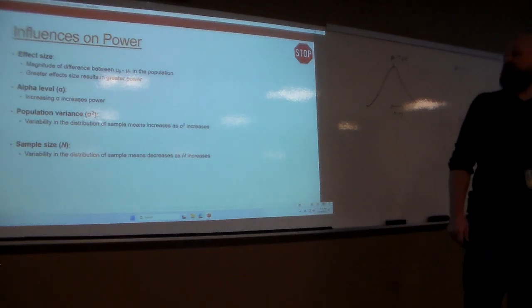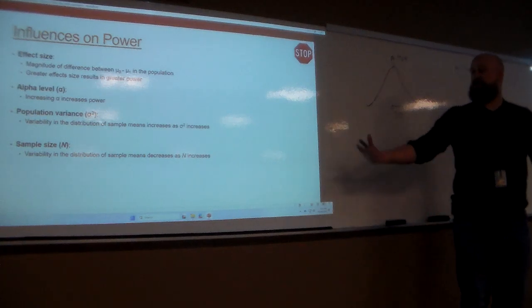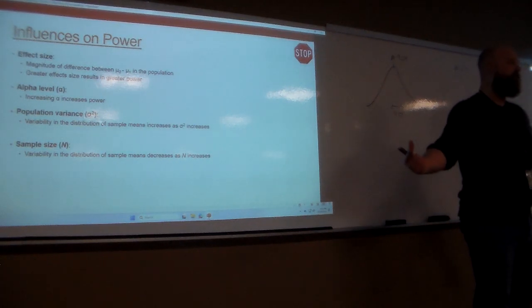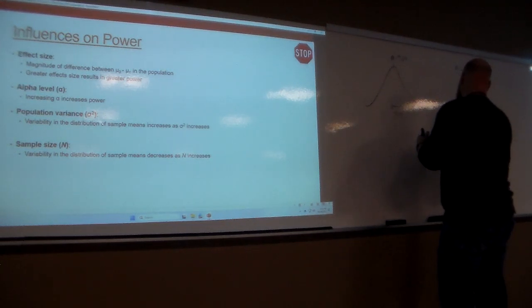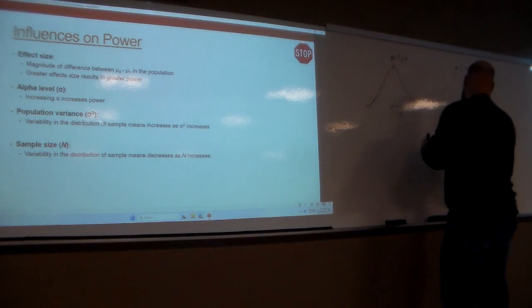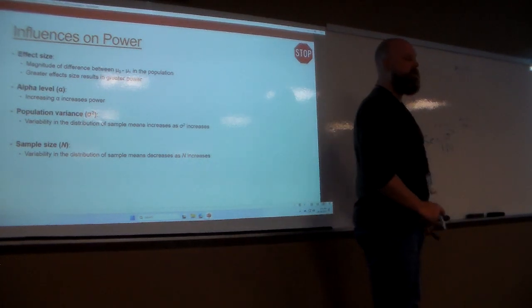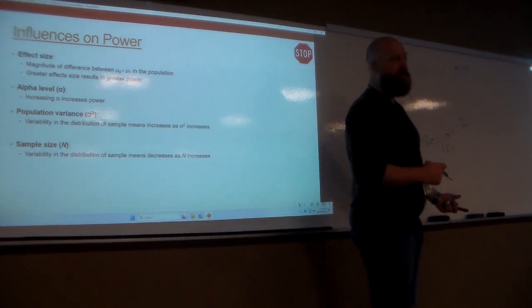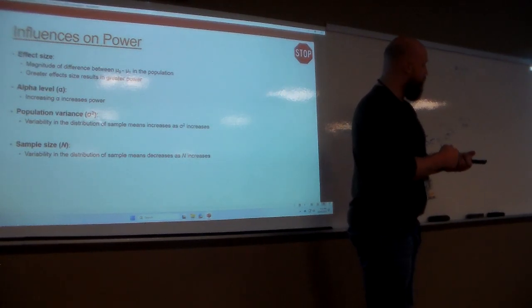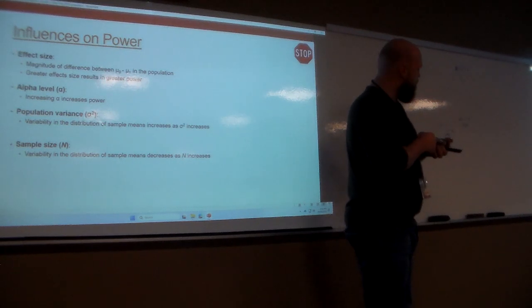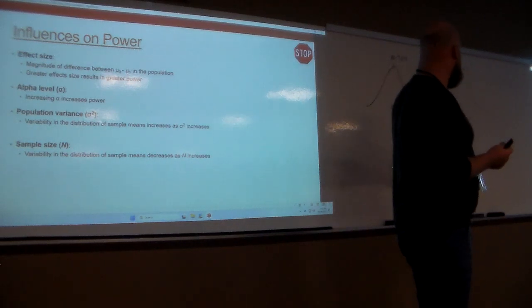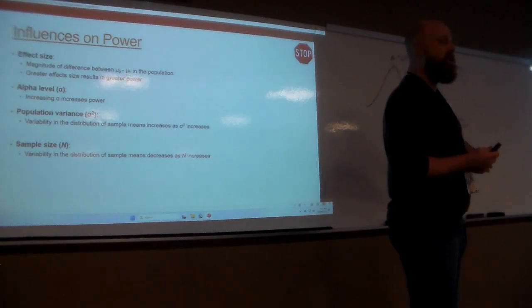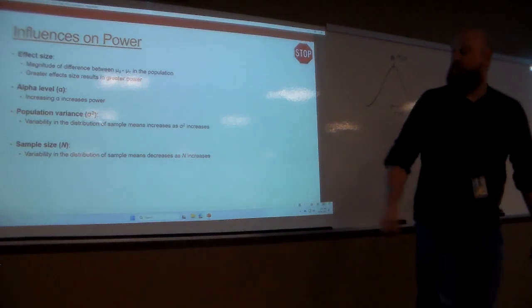Population variance: the variability in the distribution of my sample means increases as my population variance increases, because again, my standard error gets bigger, which makes it harder to find my effect. So technically, all of these, my population effect, my alpha level, and my population variance, impact the power of my test. Can I do anything about these three?